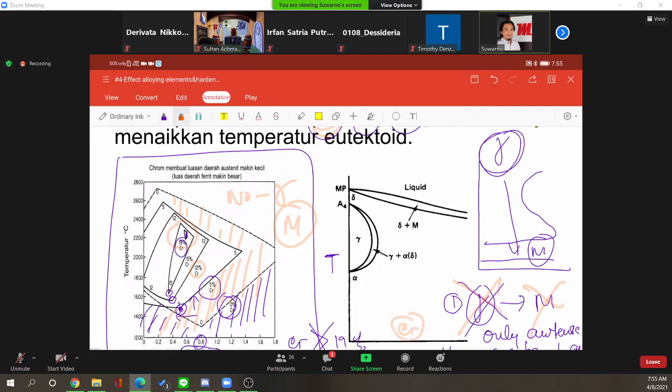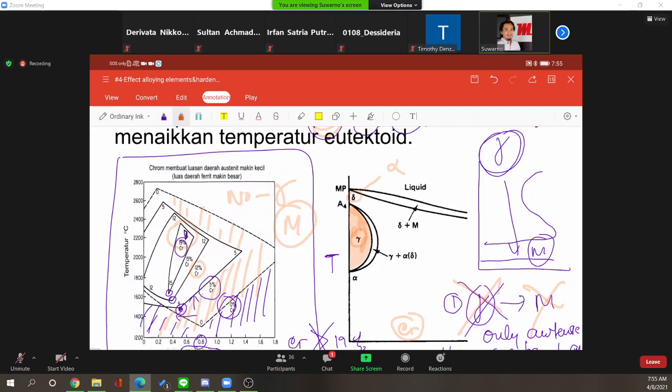So see that this delta is actually also like alpha. It's quite clear to alpha, which means that you will not have austenite somehow. The austenite region is only this small area, a function of chromium. So there will be a limited area you work on to have the martensitic stuff.